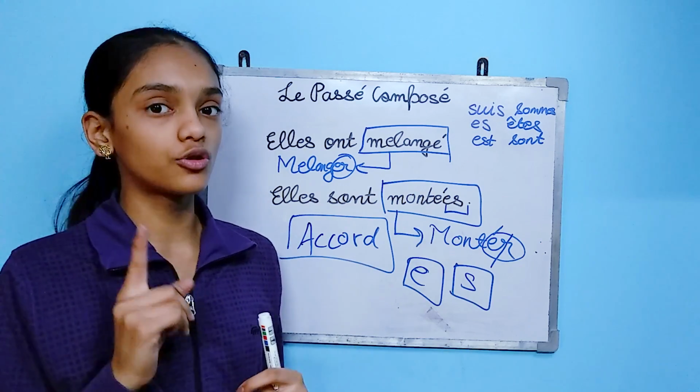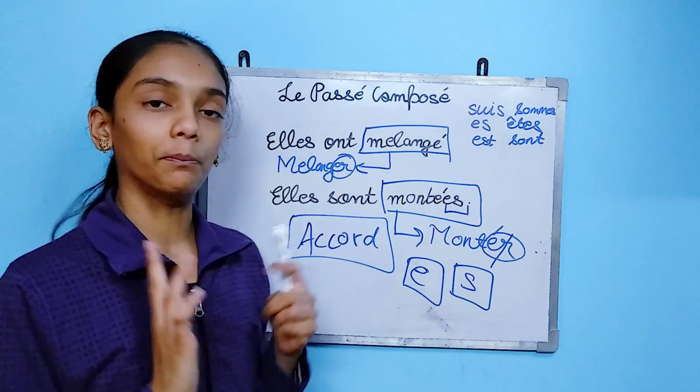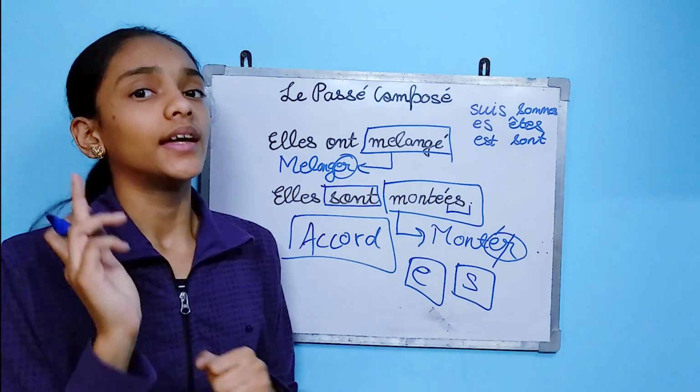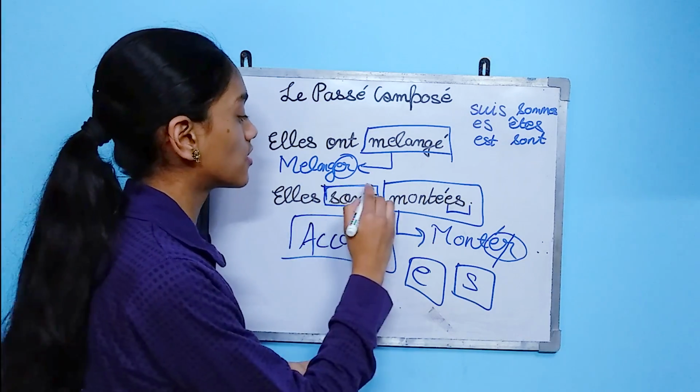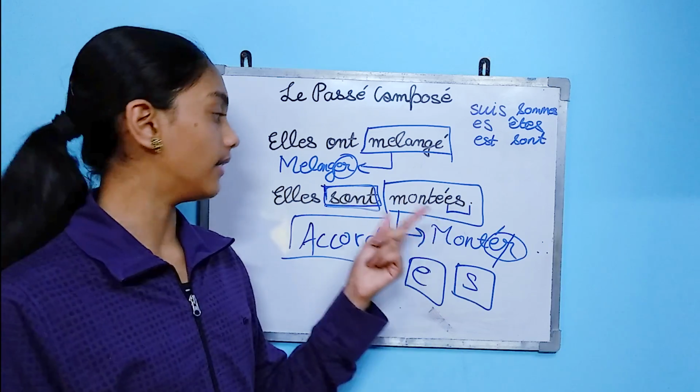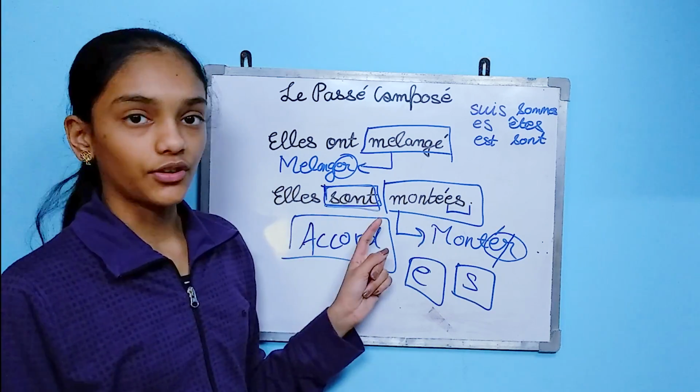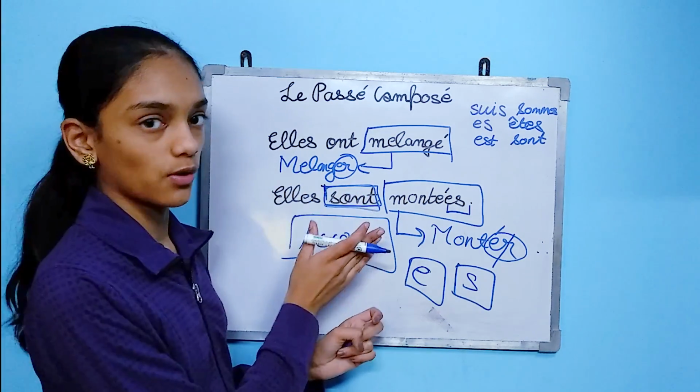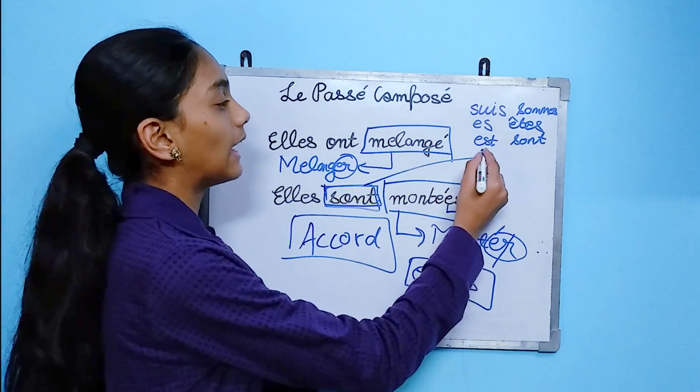Now let's learn how to do the negation of passé composé with être. Here our conjugated verb is sont and not monté. We have conjugated être. The verb is not sont, it's the conjugation of the verb être.